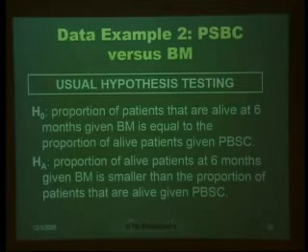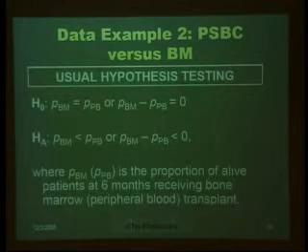So those are the usual hypotheses. I can write them in this way, but that's exactly what I just said. And here, P for me is the proportion of alive patients given bone marrow and given PBSC.